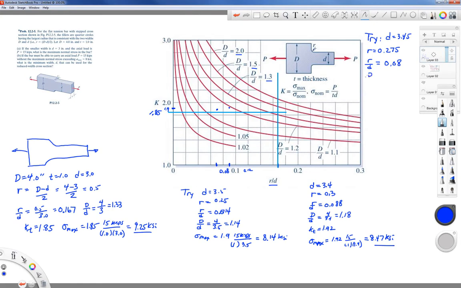We need capital D over little d, which is going to be 4 divided by 3.45. It's 1.16.